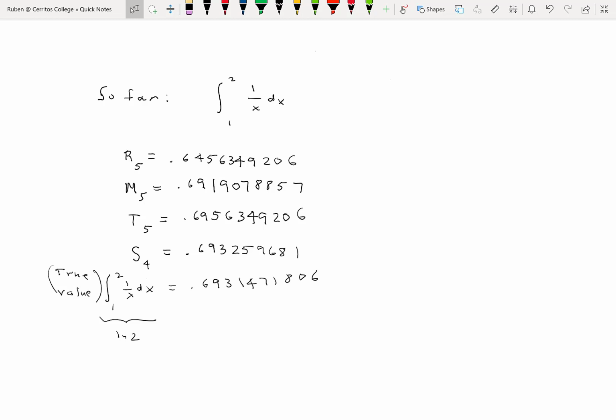Okay, so let's dig into estimating error. Just to remind you, the formulas are extremely easy to use, especially since we have our calculators and machine technology to do the computations for us. On the other hand, error estimation is extremely difficult in general.